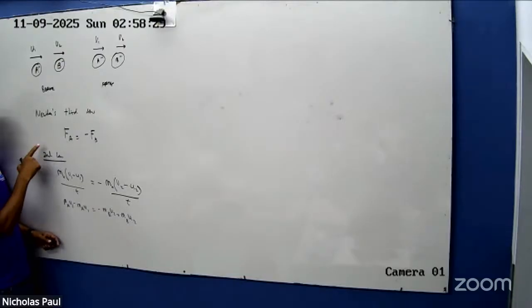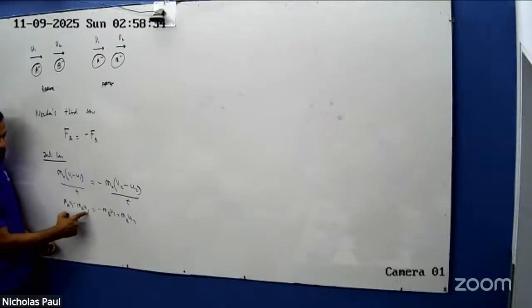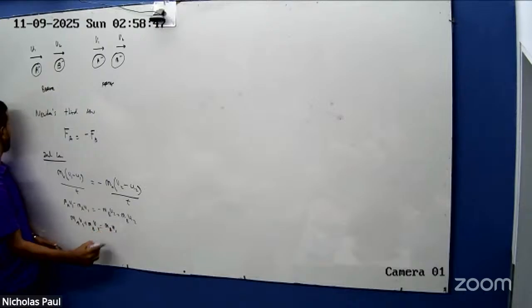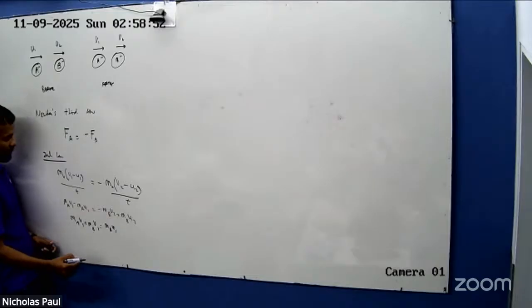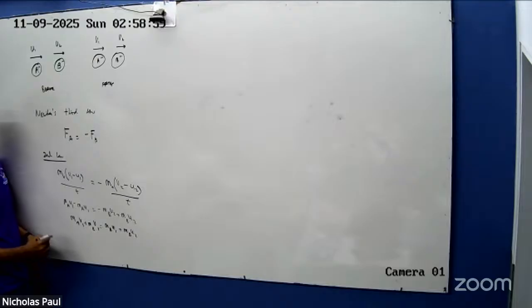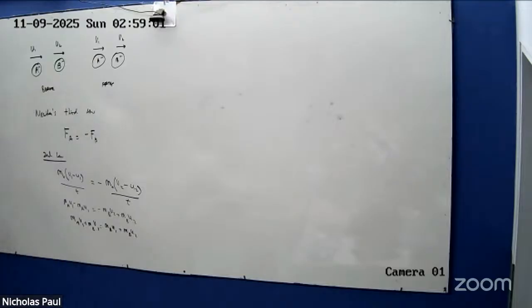Newton's third law, Newton's second law, and I'm expanding it out. The t's will cancel. So I'm bringing all the u's on one side, all the v's on one side. So I'll get mA v1 plus mB v2 is equal to mA u1 plus mB u2. Are you okay with that?